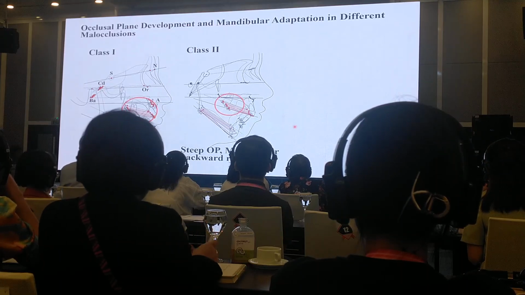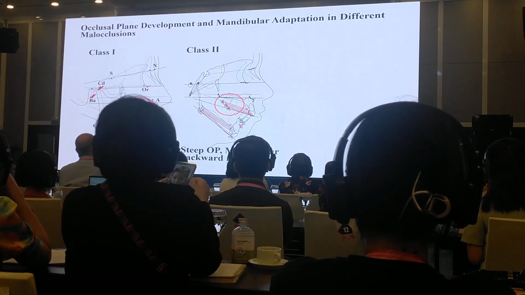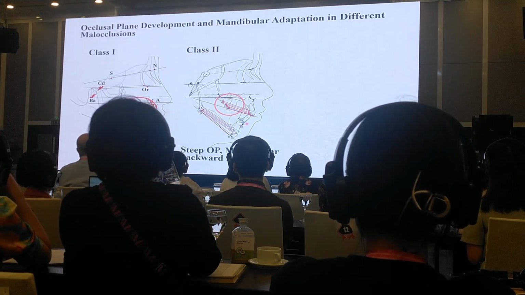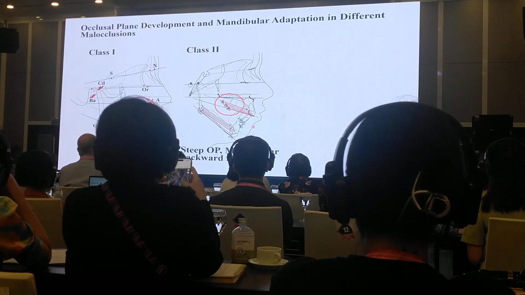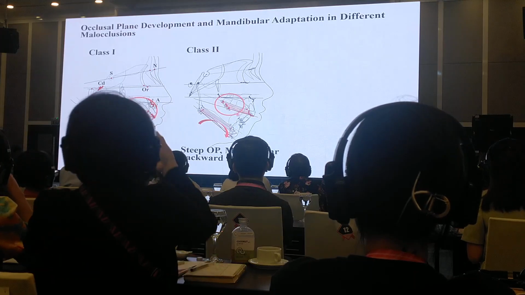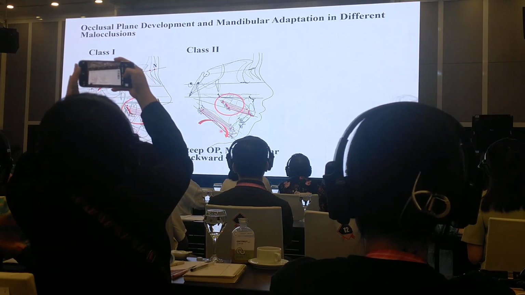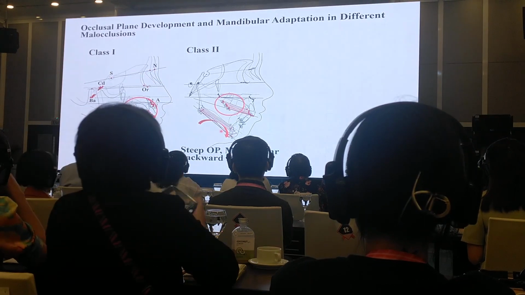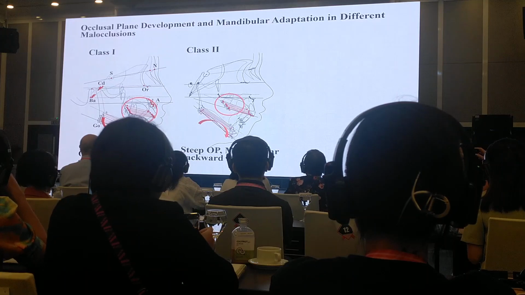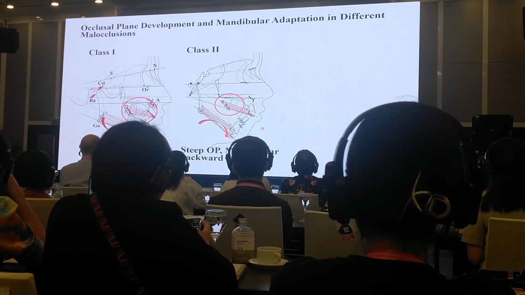Therefore, the mandible cannot adapt by rotation and forward adaptation. Impossible. Rather, with this kind of steep occlusal plane, the mandible rotates back. Then the mandibular plane angle is slowly opening. This is the class 2 case.